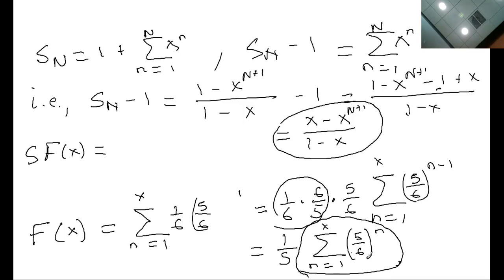So 1 minus 5 over x is 1 over here. So we are going to write here 5 over 6 minus 5 over 6 x plus 1, divided by 1 minus 5 over 6.